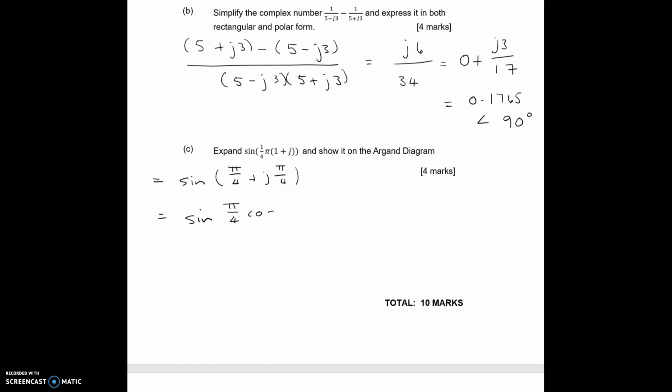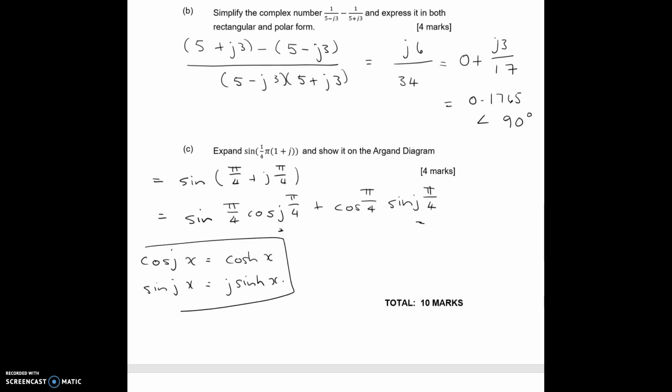So cos j pi by 4 plus cos B, cos A sine B. And that would be fine, but we've got these j's in here, and that's where you remember that cos jx is equal to cosh x, and sine jx is equal to j sinh x.